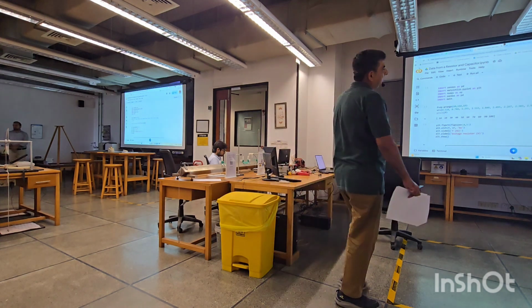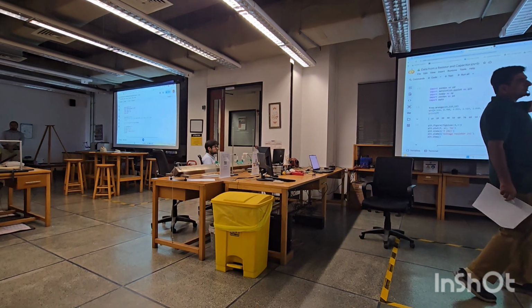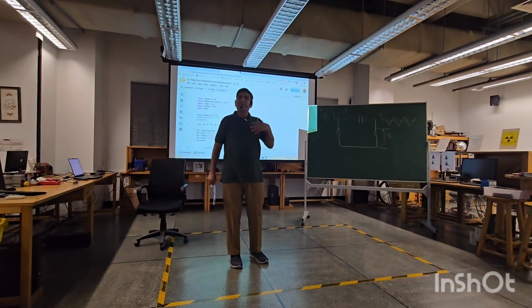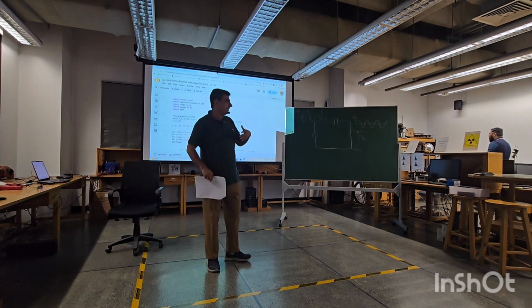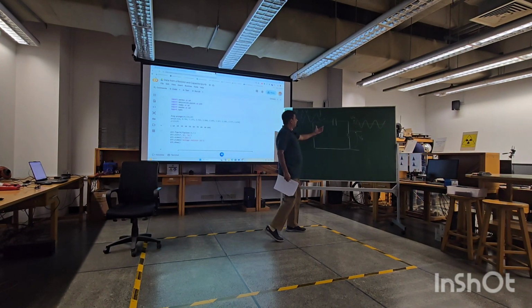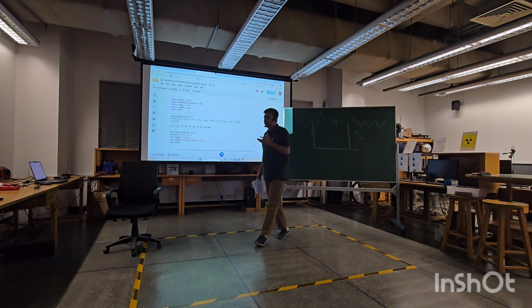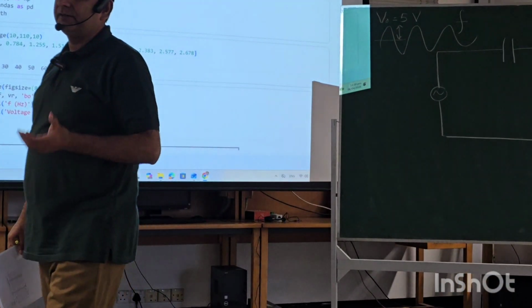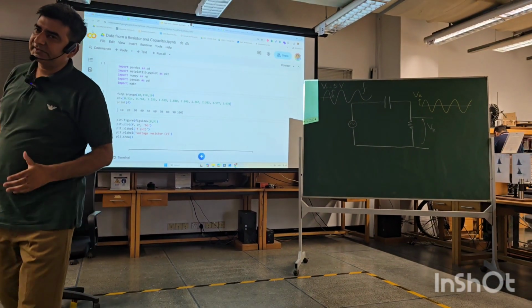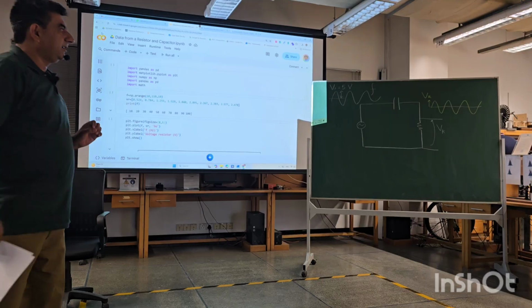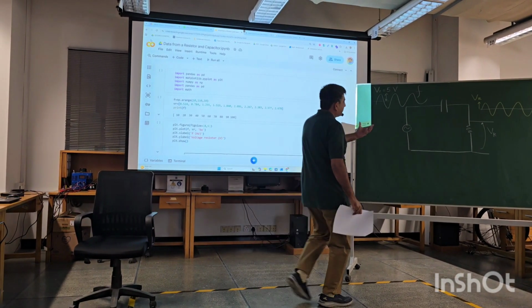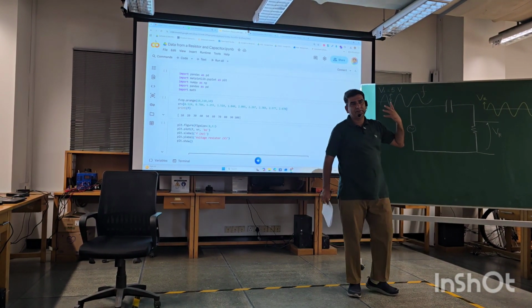Now if you want to go deeper into this circuit, into this hardware, you can explain what's happening here. This is an AC voltage. This capacitor has an impedance. The resistor has a certain resistance, and the impedance of this capacitor changes as the frequency changes.